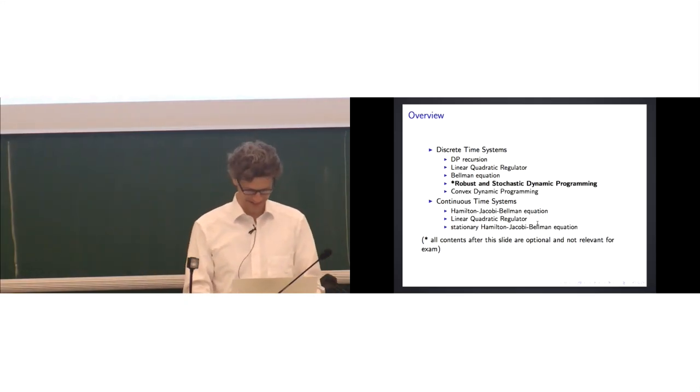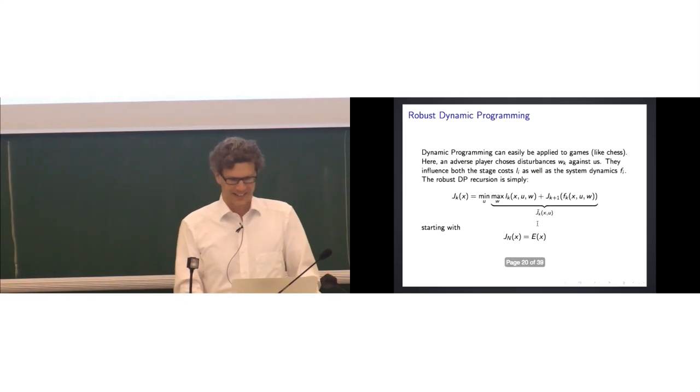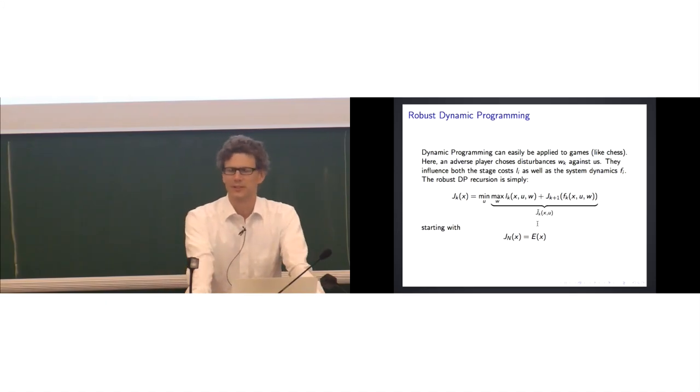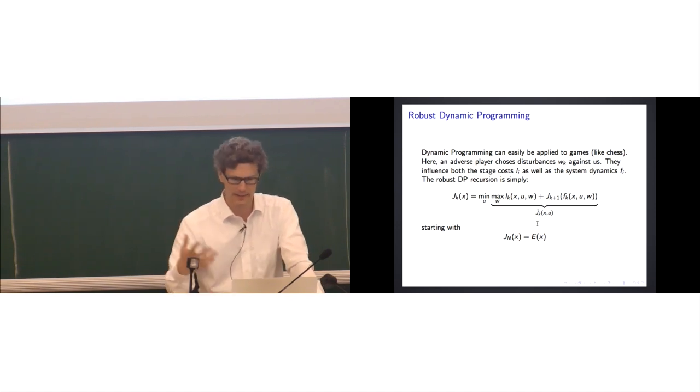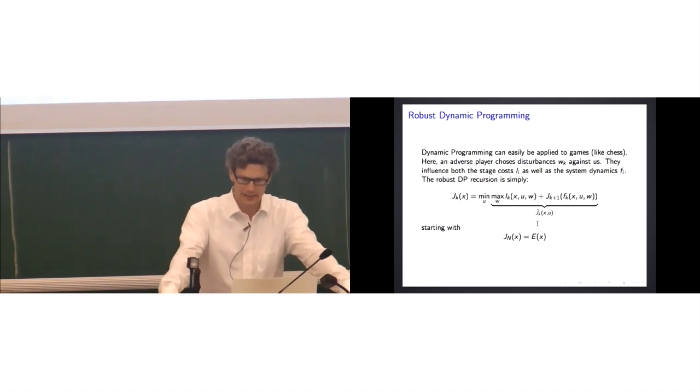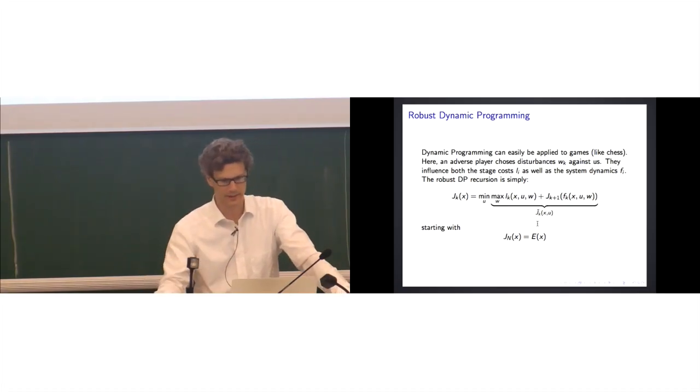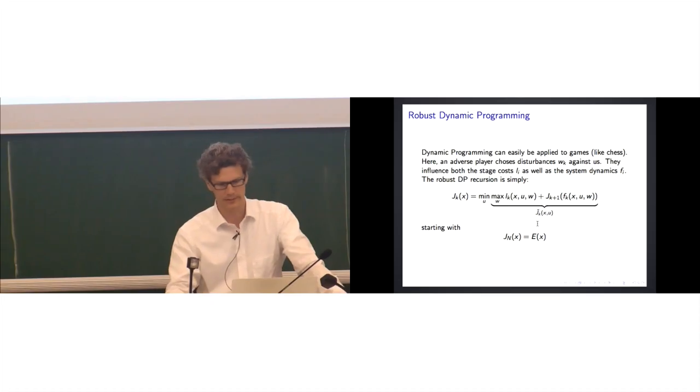So let's start with robust dynamic programming. Robust system or robust design is actually concerned with assuming that we have an adverse player, someone who is against us. And the control of this adverse player we call W_k. At every time step this adverse player can choose a W against us.